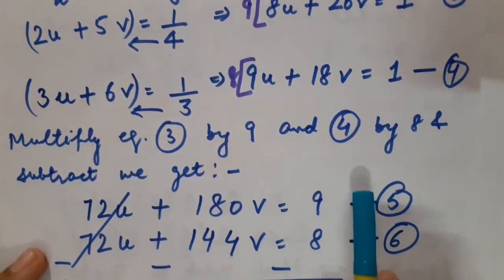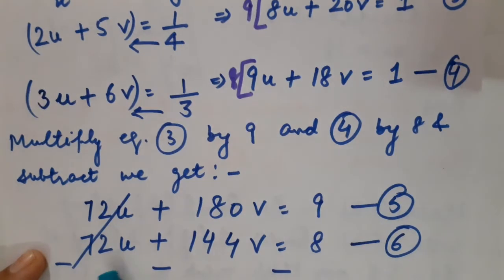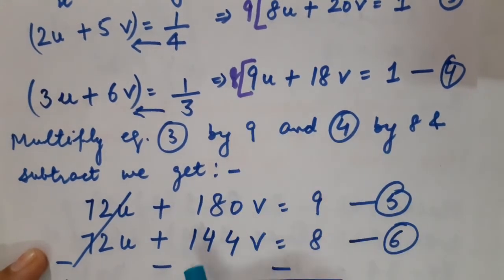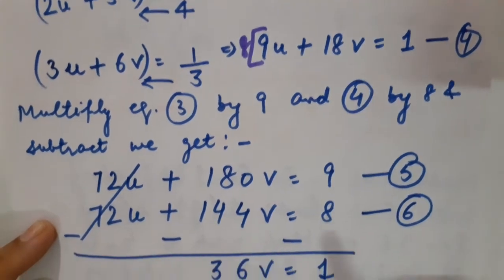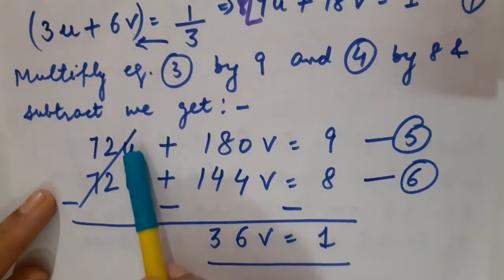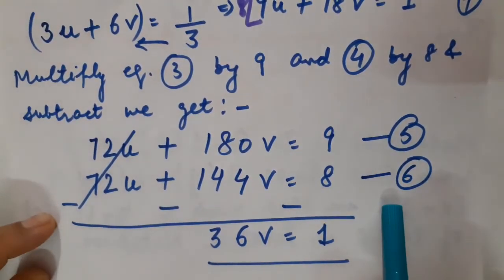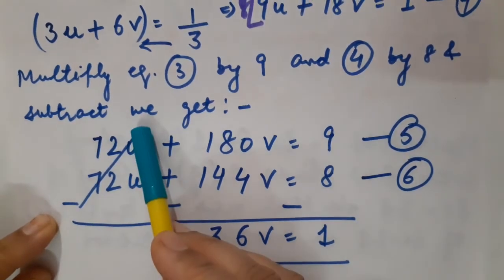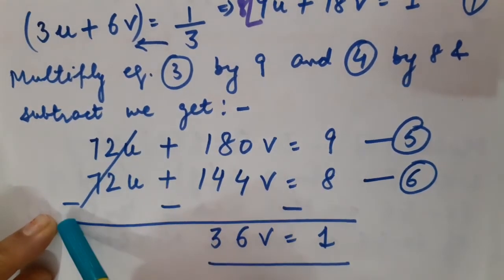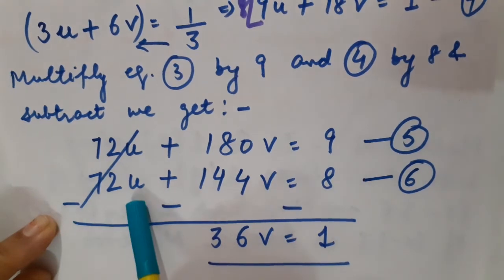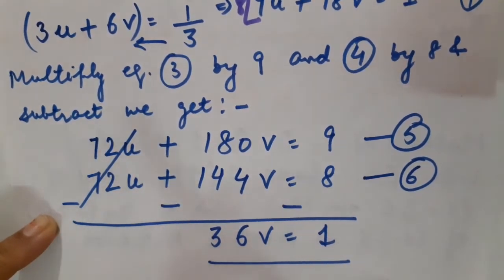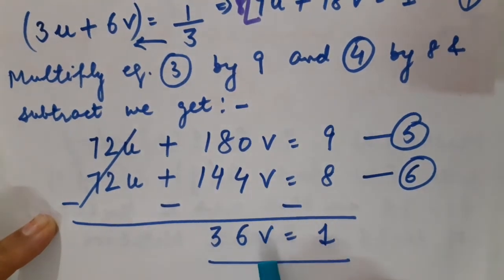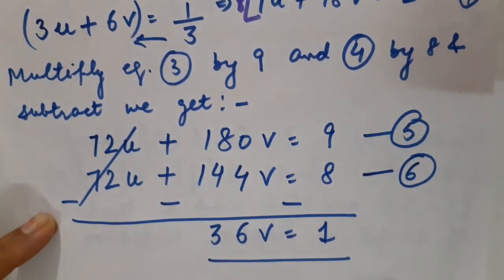Correct? Now 8 9s are 72u plus 18 8s are 144v is equal to 8 1s are 8. Fine children? If I subtract both the equations 5 as well as 6, I am just going to cancel 72u with minus 72u, because the numerical coefficient of the variable u are same. So here children I have got 36v is equal to 1.